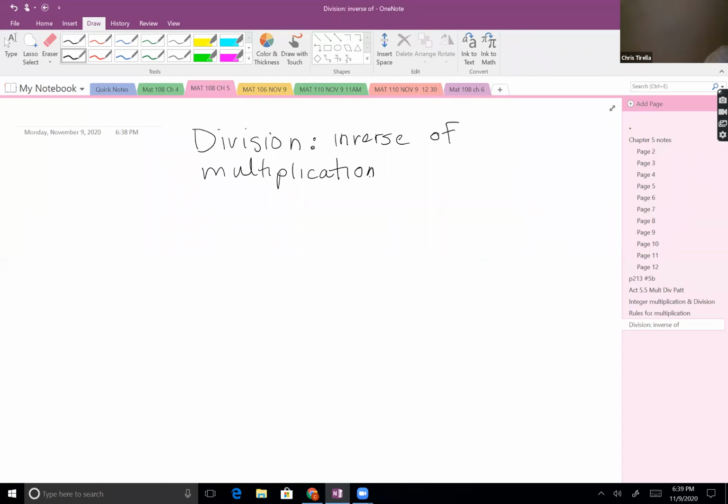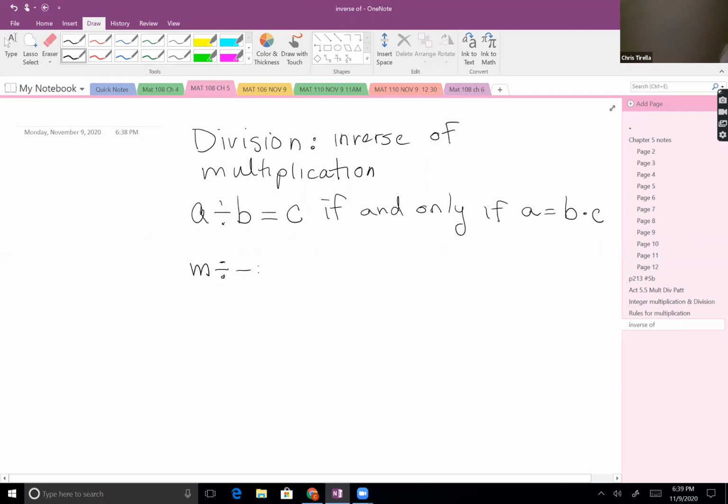Or we're going to say that, like we had in the activity, A divided by B equals C if and only if A is equal to B times C. And so M divided by negative N will give us the negative of M divided by N. Negative M divided by positive N will give us the negative of M divided by N. And negative divided by negative will give us a positive quotient.